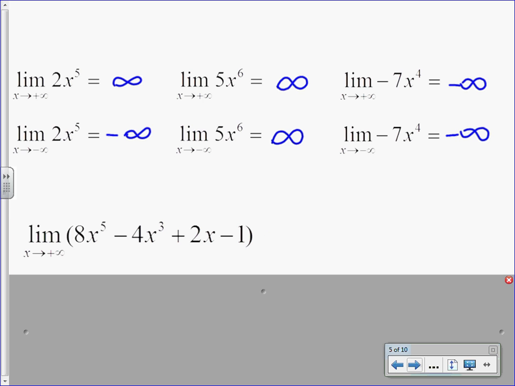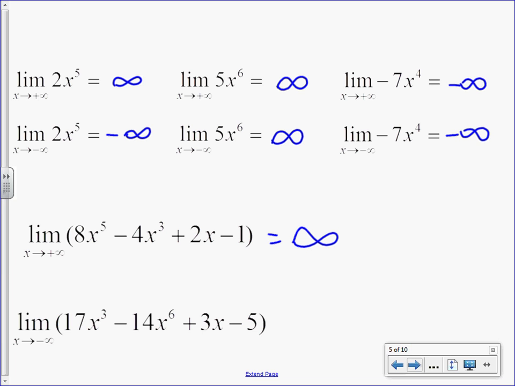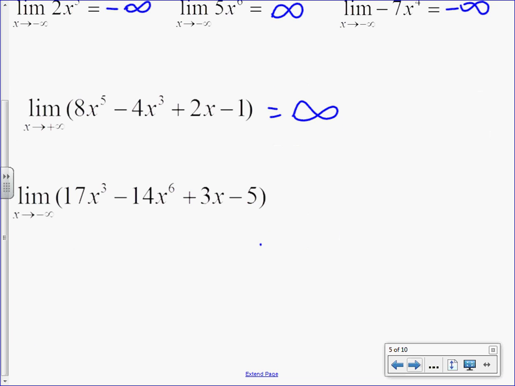Positive? You agree? Okay, we have a positive leading coefficient, so we are going to rise on the right side. Look and think about this one.